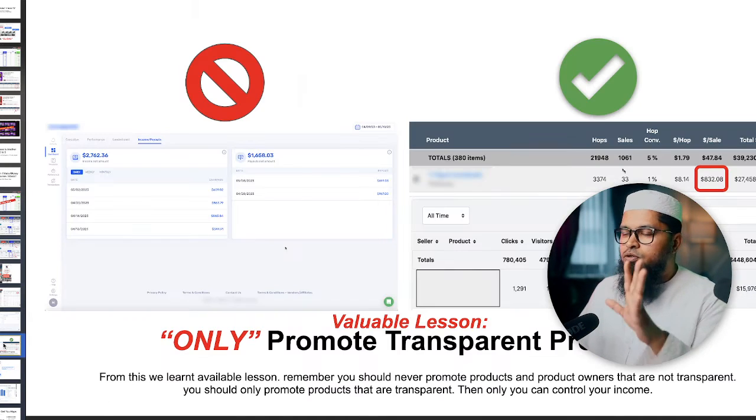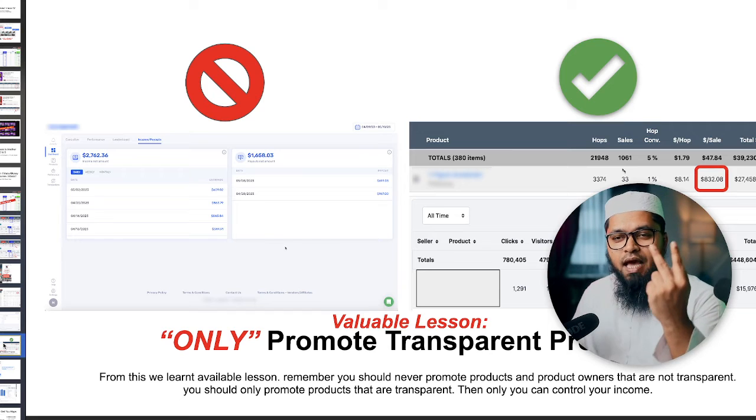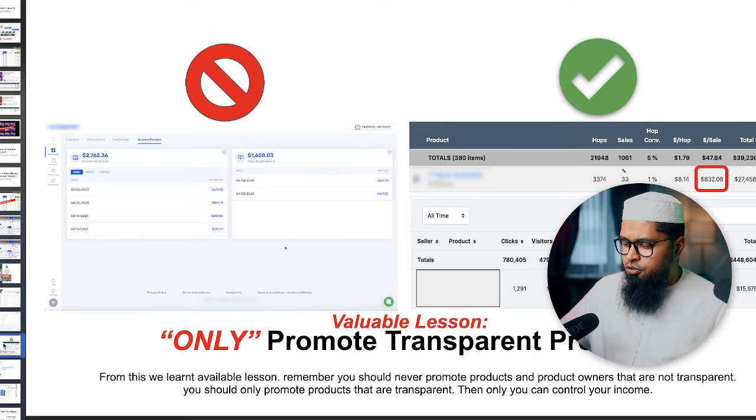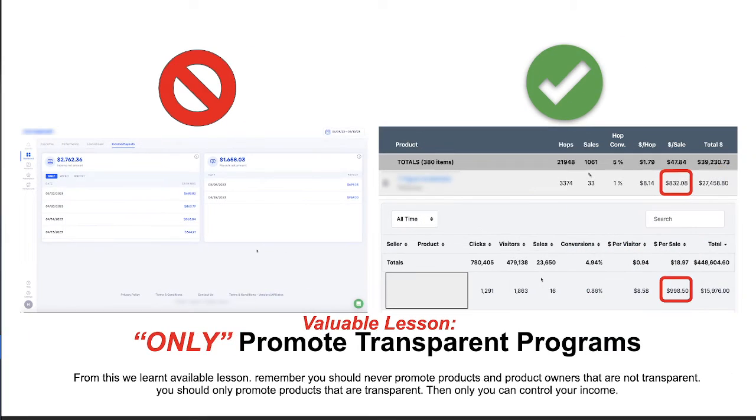So two things to learn from here, two mistakes that a lot of people make that you should not make. Number one, you should not promote only high ticket. Again, you can promote and you should promote low ticket offers because a lot of your customers will not have the ability to buy high ticket offers, but they will buy low ticket offers. It happens to me every single day.